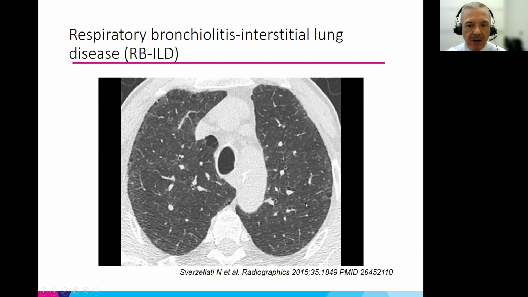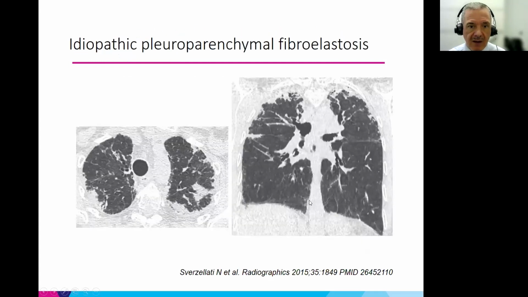This is another ILD, where we have these nodular lesions in the lung. They are centrilobular in location, but there is no reticulation, and there's not much honeycombing in this one, and there's a slight haziness to it. This is a case of respiratory bronchiolitis interstitial lung disease, which is seen in heavy smokers.